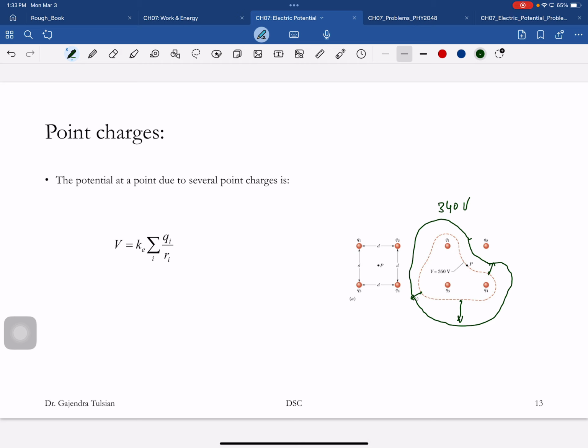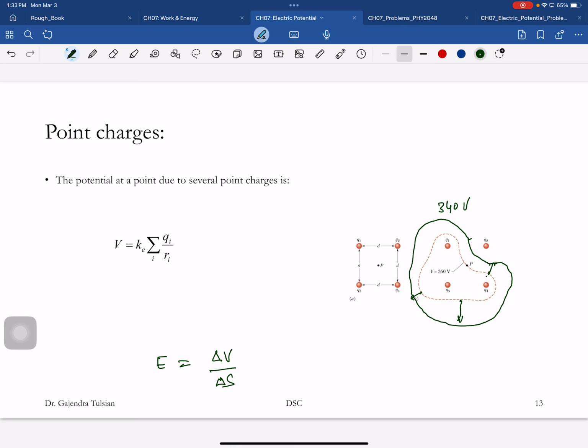Once you know equipotential surfaces, at every point you can calculate the electric field. In fact, now you know the direction of the electric field, and the magnitude is the change in potential divided by the distance over which that change happens.